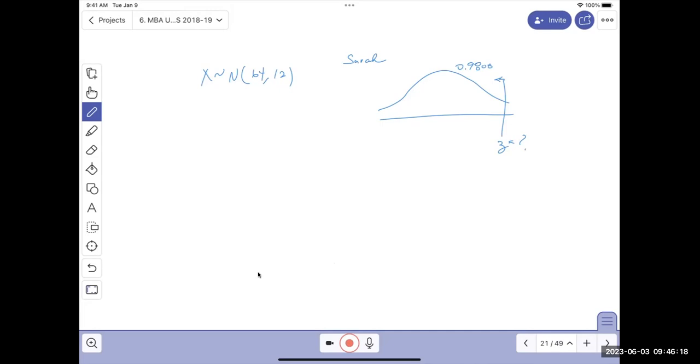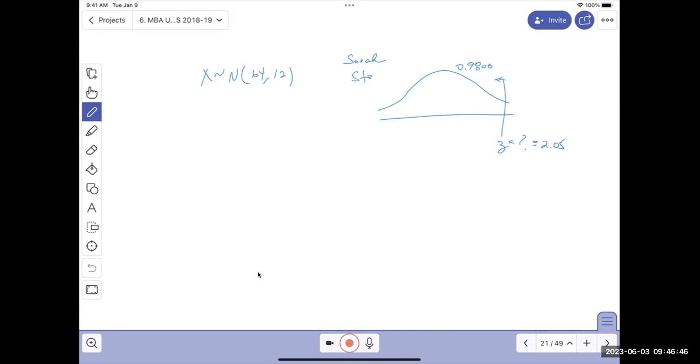So you're going to be 2.05 standard deviations above. Is everybody okay with that, or do I have to show the table? So we need to find Sarah's score.